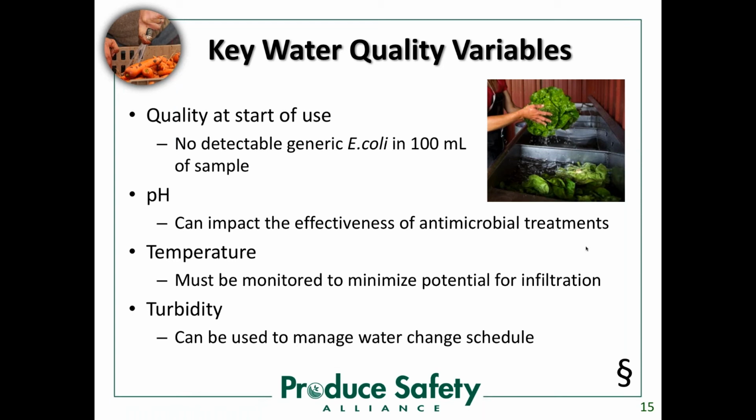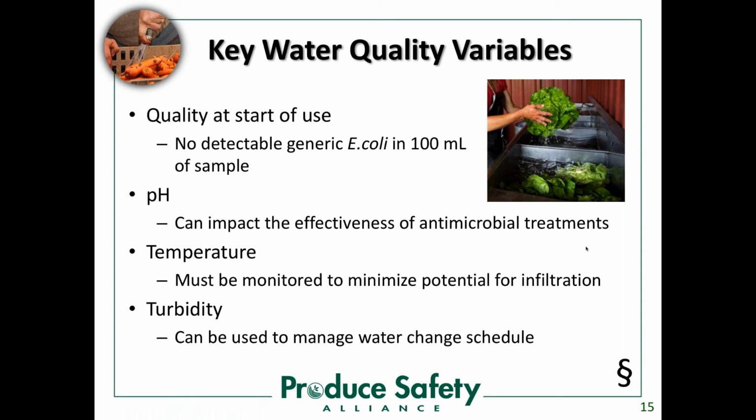A lot of times we don't think about that, but if you've got vegetables or fruits, and this is particularly true for tomatoes and apples and cantaloupes, these are the three biggies, melons, if they're susceptible to water infiltration, when the pulp temperature of the fruit gets to be warmer than the water into which it's submerged.